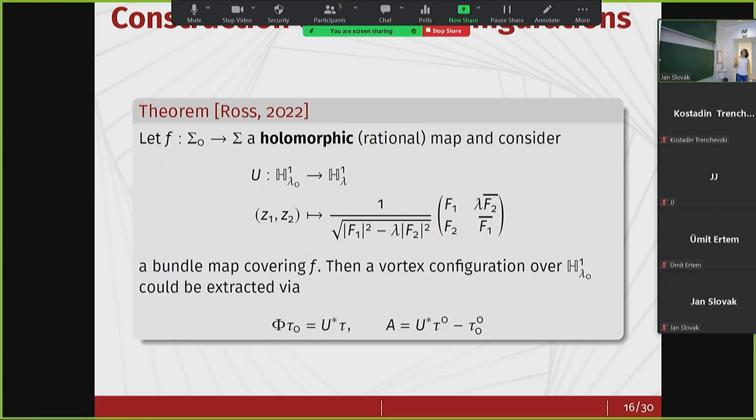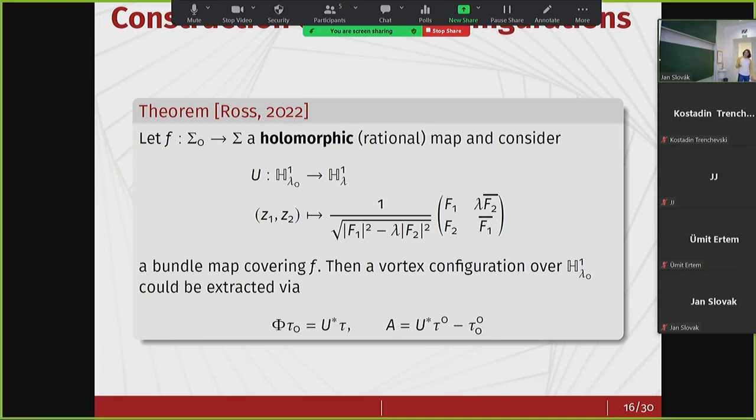And then we consider this map, U, that is going from the Lie group indexed by lambda 0 to the Lie group indexed by lambda. So the map is going to be given by this. And F is a map going from the Riemann surface of Gauss curvature minus lambda 0 to the Riemann surface with Gauss curvature minus lambda.